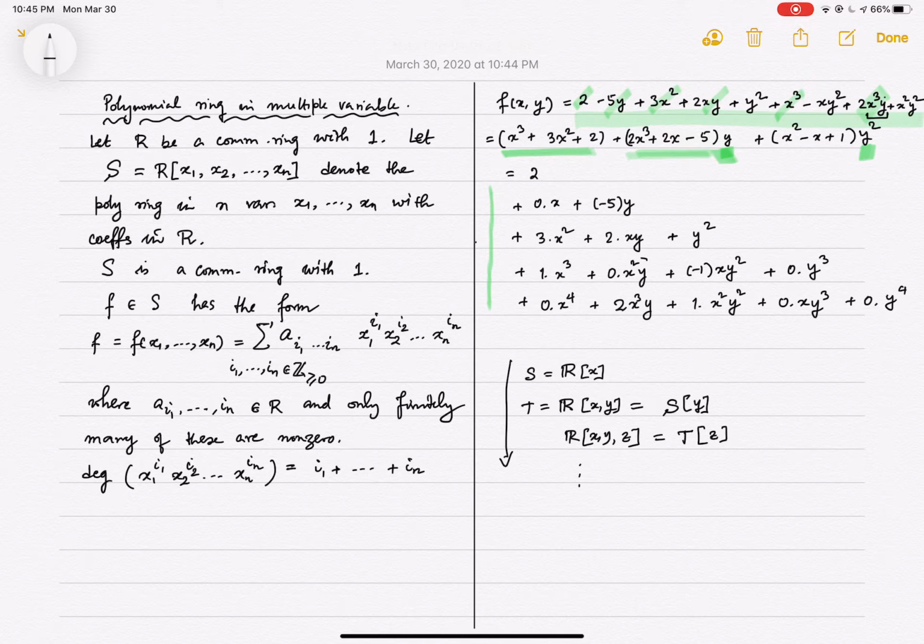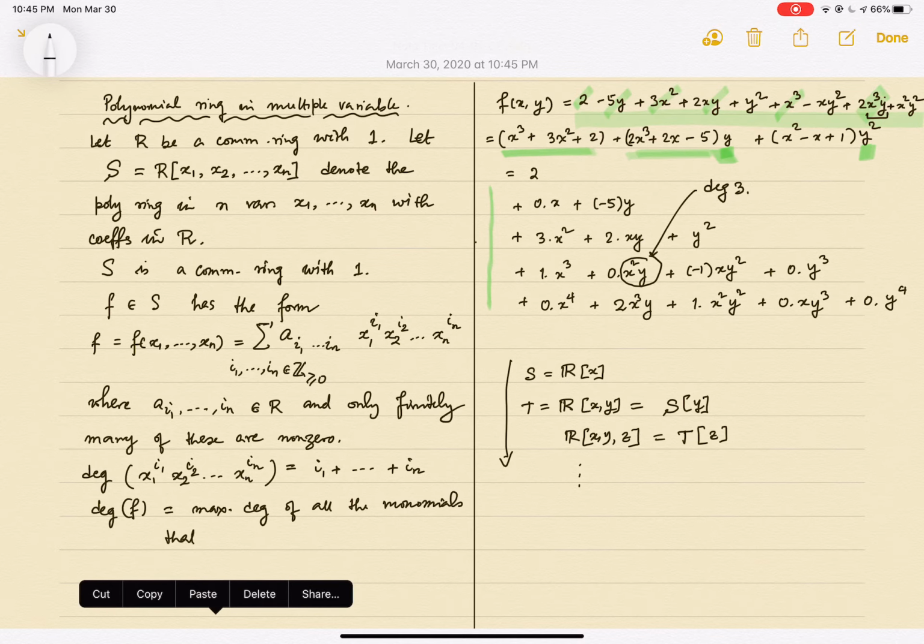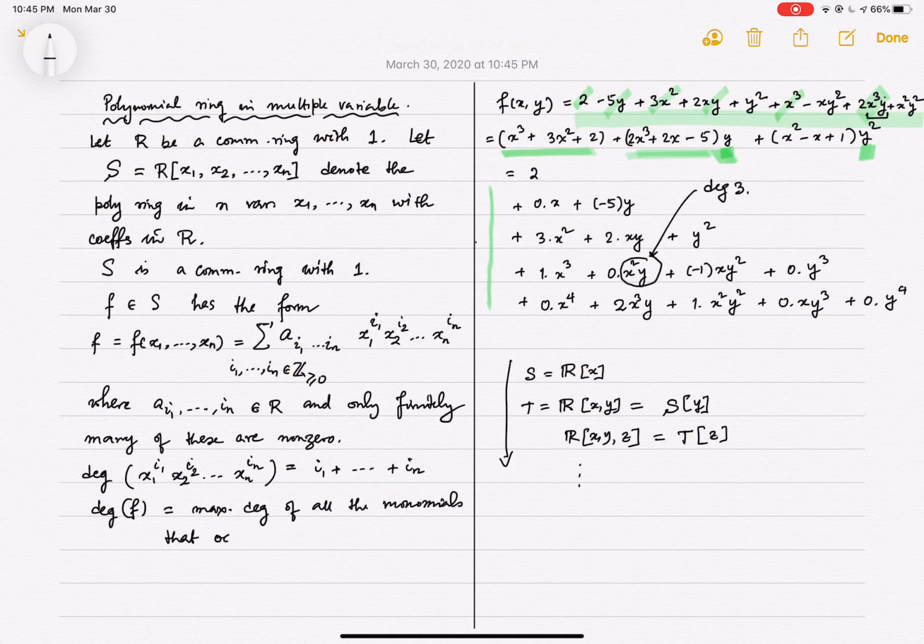So like this term up here on the right has degree 3. And then you define the degree of a polynomial f to be the max degree of all the monomials that occur in f with non-zero coefficients.